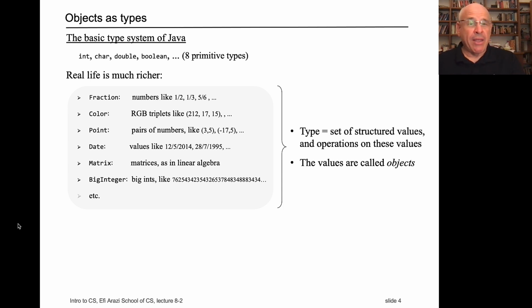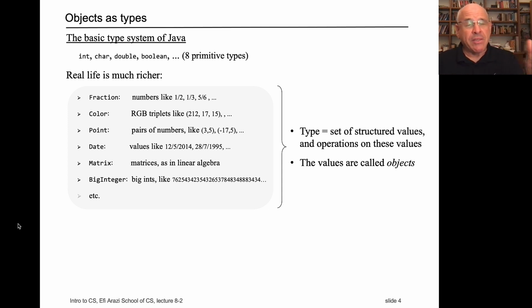Some objects can be abstract, some can be mathematical entities like fractions and matrices, some can be financial entities like bank accounts, and some objects can be game sessions, players, and so on. And in general, you can practically represent almost anything that you want using the notion of an object.